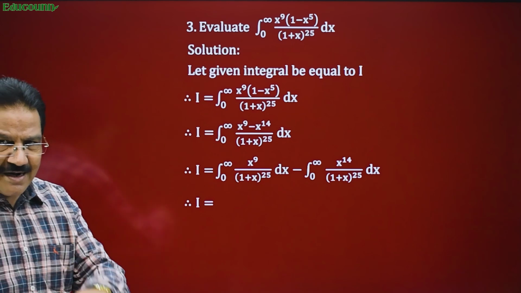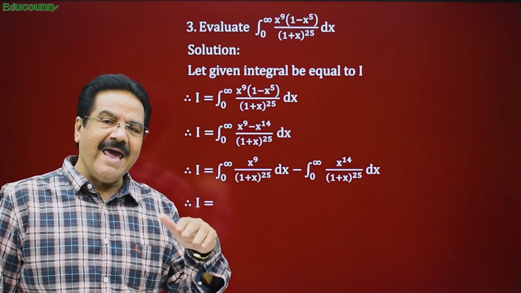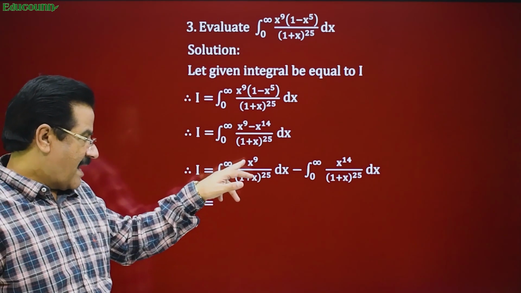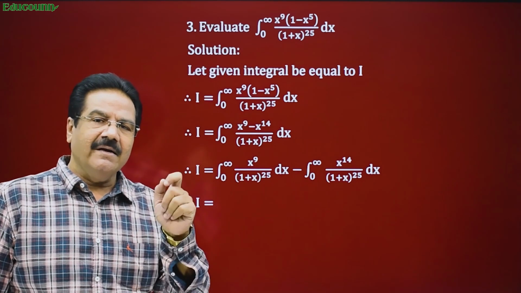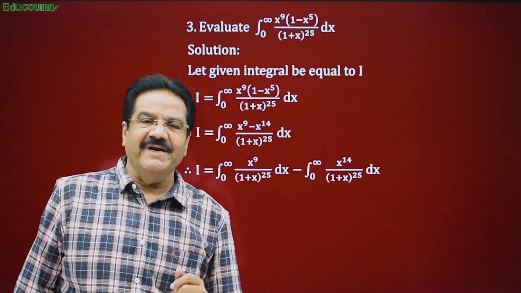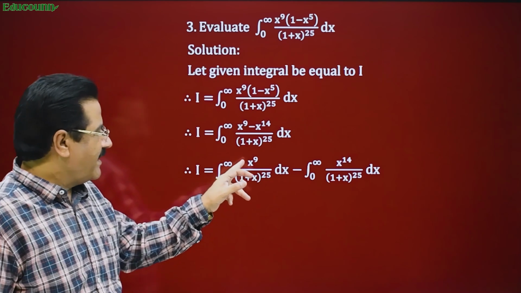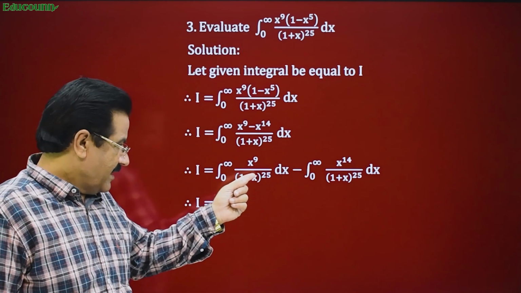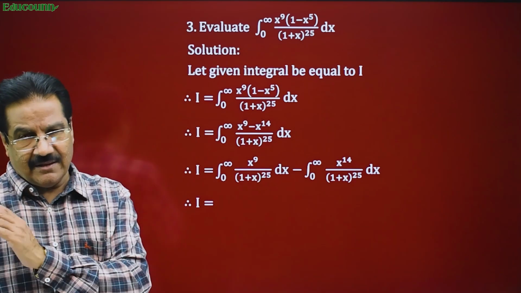So what is the alternate definition of beta function? We are having x raised to m minus 1 in the numerator. And therefore, as far as the first term is concerned, this 9 must be written as 10 minus 1. And here 14 must be written as 15 minus 1. And whenever we are getting the value of m as 10, in the first case, index 25 can be written as 10 plus 15.